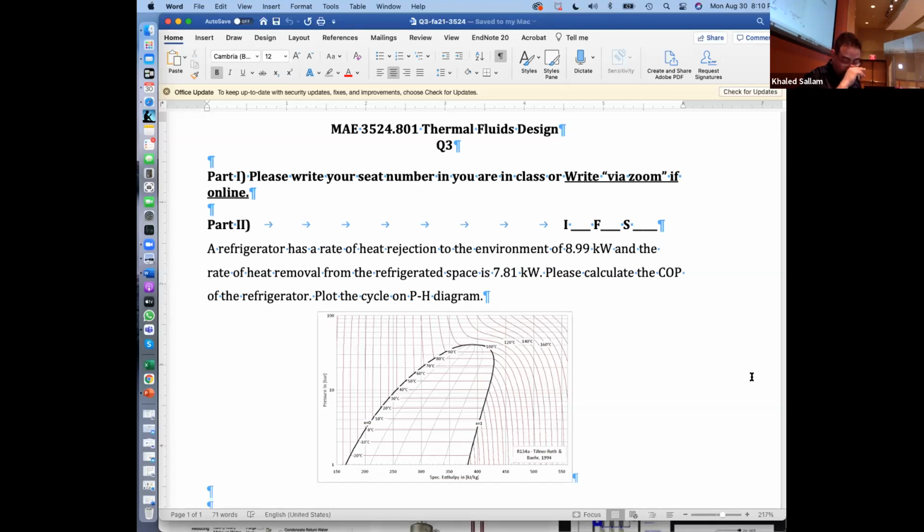So the question: will you upload the homework solution to Canvas? No, I want you to just write it after me. So what did we say? We said Q equals M dot delta H. And we wrote that the Q reheat was M dot delta H plus M dot delta H. And finally, we said that the heat rate is Q added over work net.